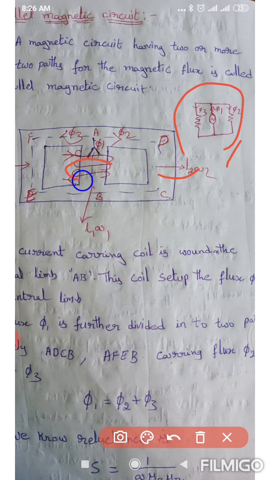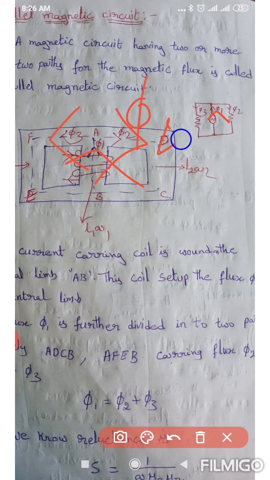At the center path it is excited by a current I, and the current starts to flow from this side and again divides into two parts, phi 2 and phi 3.